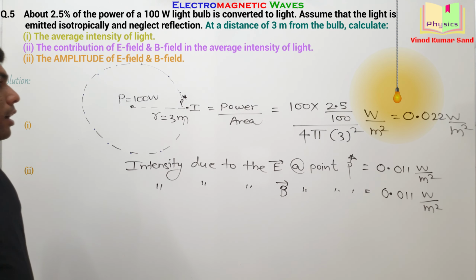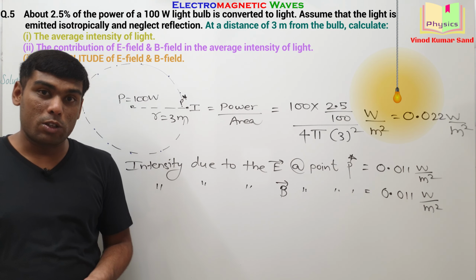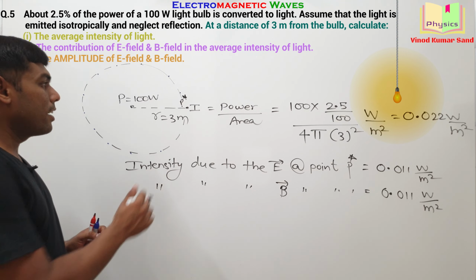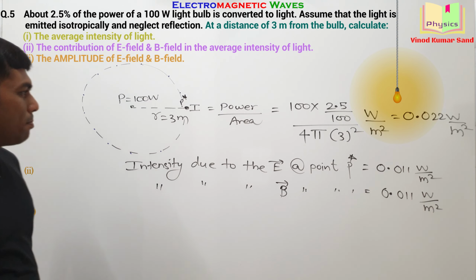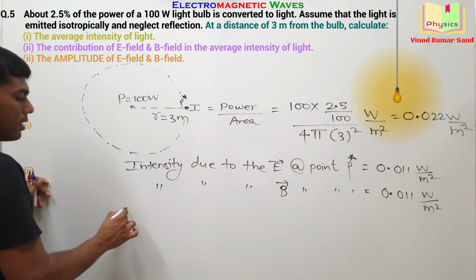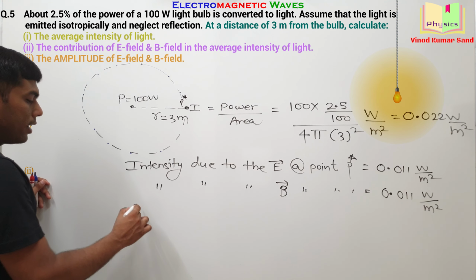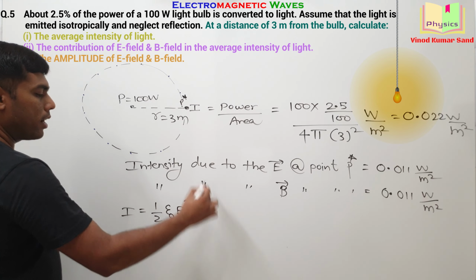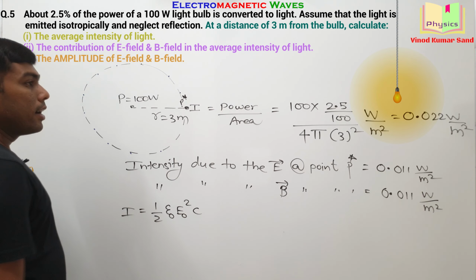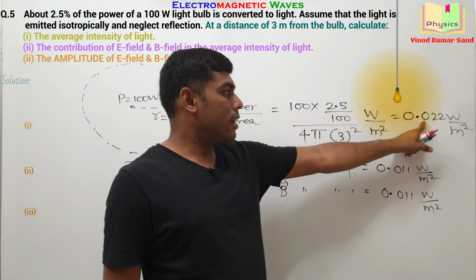Now going further for the next part of the question. Question is asking here, what is the amplitude of the electric field? That's simple actually. For intensity, I know the formula. Intensity is equal to half epsilon naught E naught square and C. Data of intensity is available.